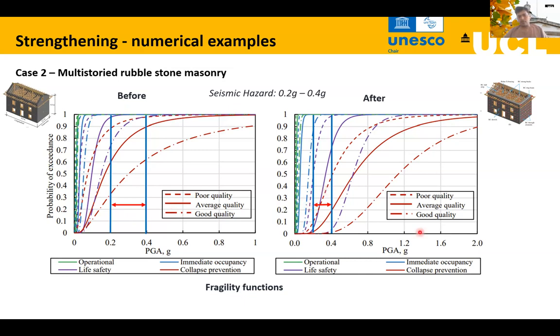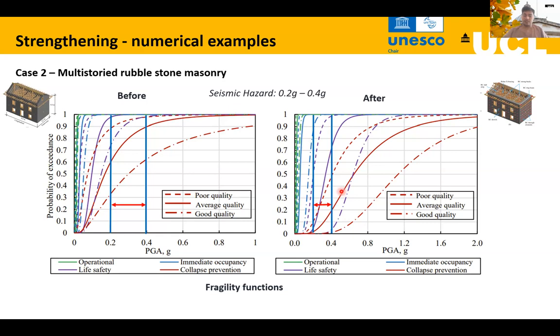And again, for the average quality, let's look at the continuous lines. For the life safety performance level, you can see here the probability of the building being within the life safety limit ranges from, let's say, 5% to 70%.